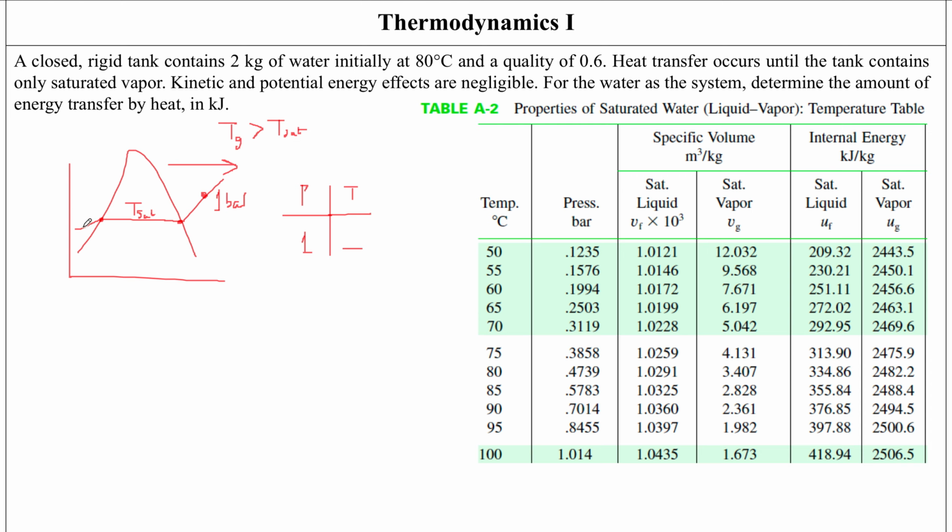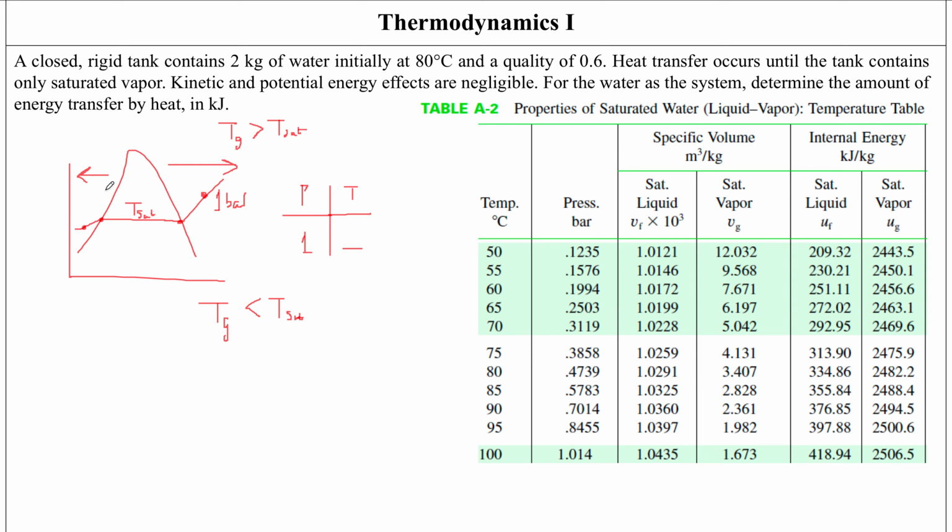If the given temperature is lower than the saturated temperature, then you look at this side of the dome, somewhere here, and you're going to be using the compressed liquid table. Or, like one of the problems we did in this video, you use approximations and equations, and you don't need compressed liquid tables, because a lot of the time compressed liquid tables are not available to you.